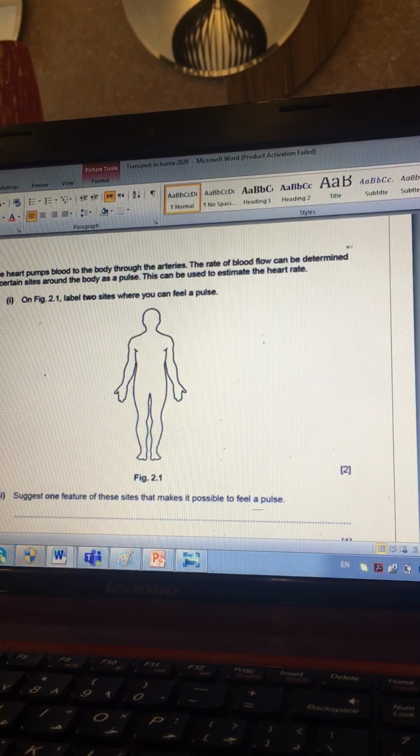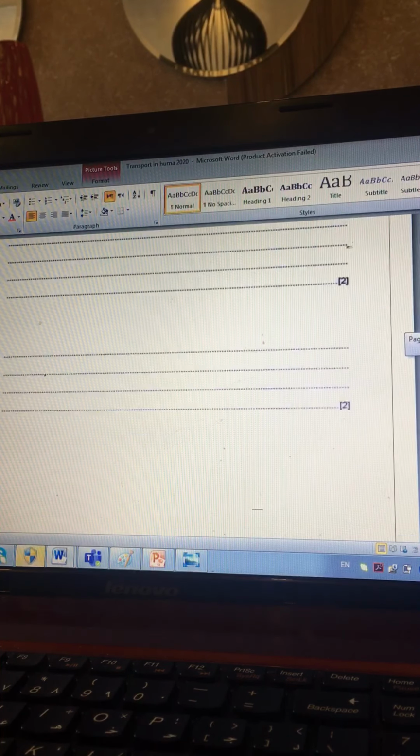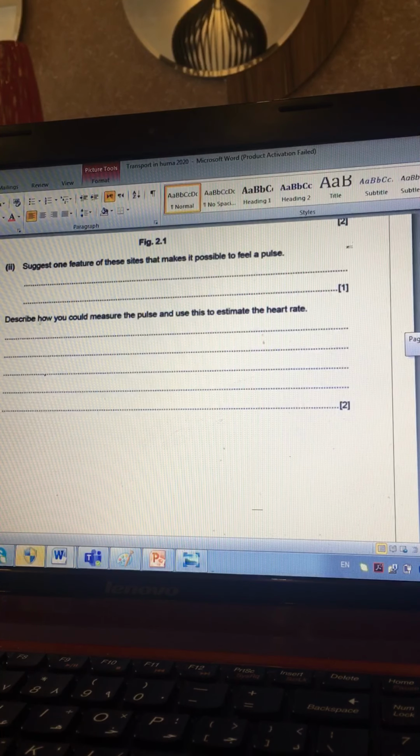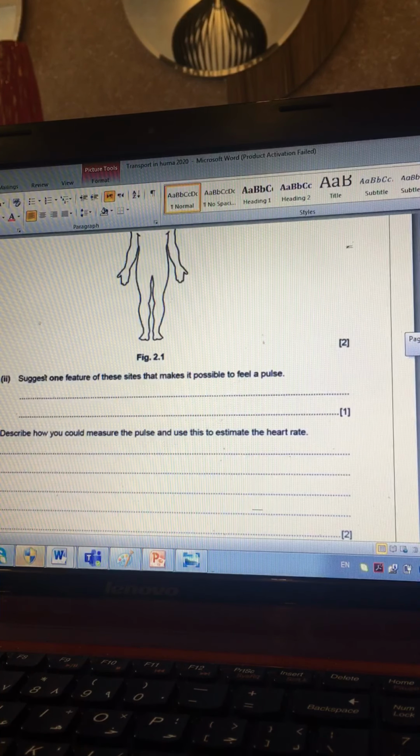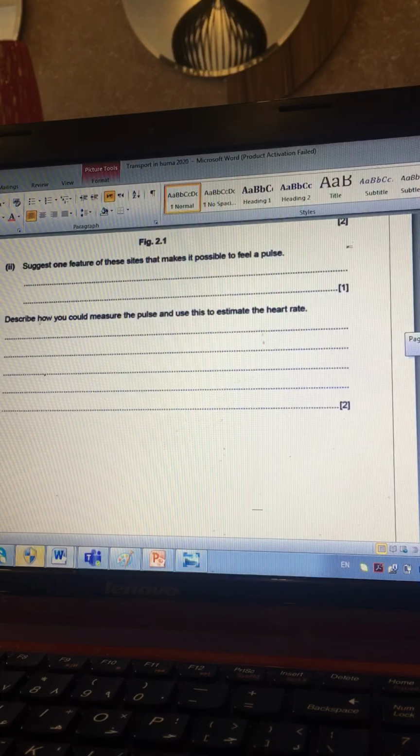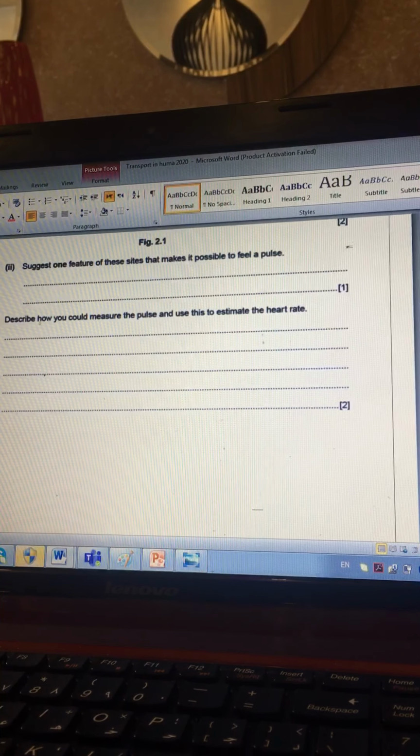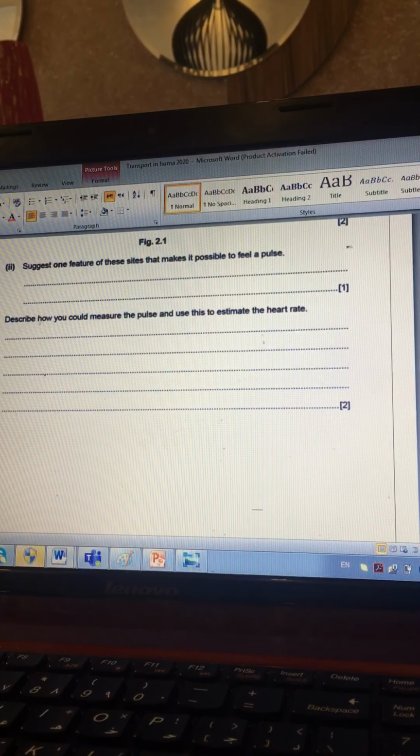Okay, B, describe how you could measure the pulse and use this to estimate the heart rate. As we said, we apply a pressure, or we press on the area that has high blood pressure. One of these areas, either underarm or neck, wrist, whatever it is, as shown in the figure.